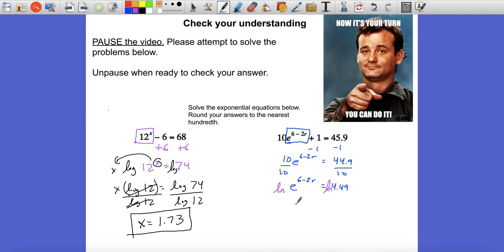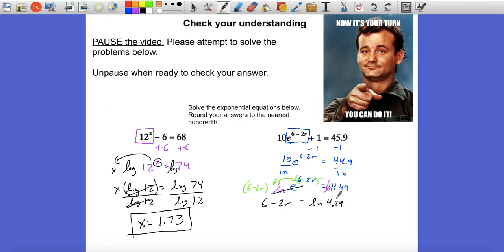So take the natural log of each side. Our 6 minus 2r comes out front. That's the whole point of logging each side. So that's gone. And now, since I've got 6 minus 2r times natural log e, well, natural log e cancels out as well. So now I can say 6 minus 2r equals natural log of 4.49.